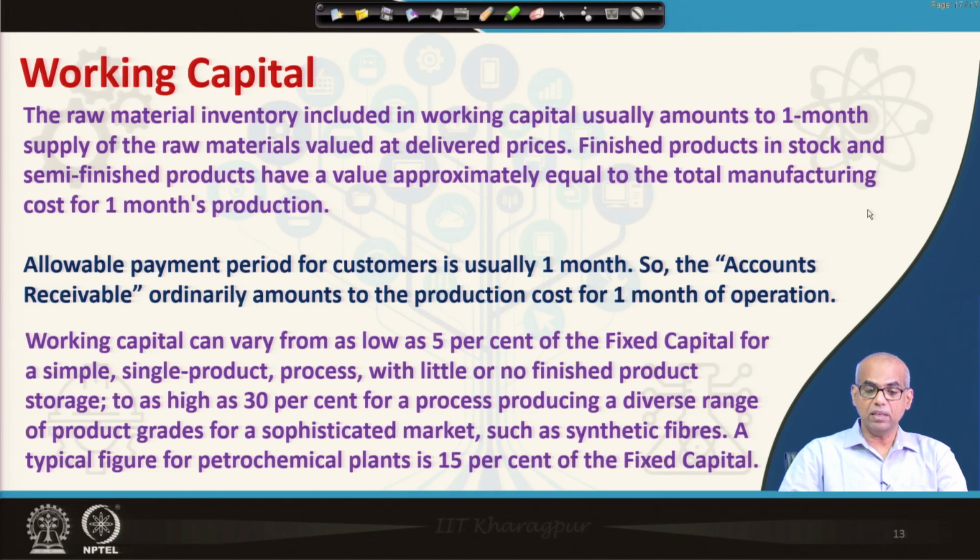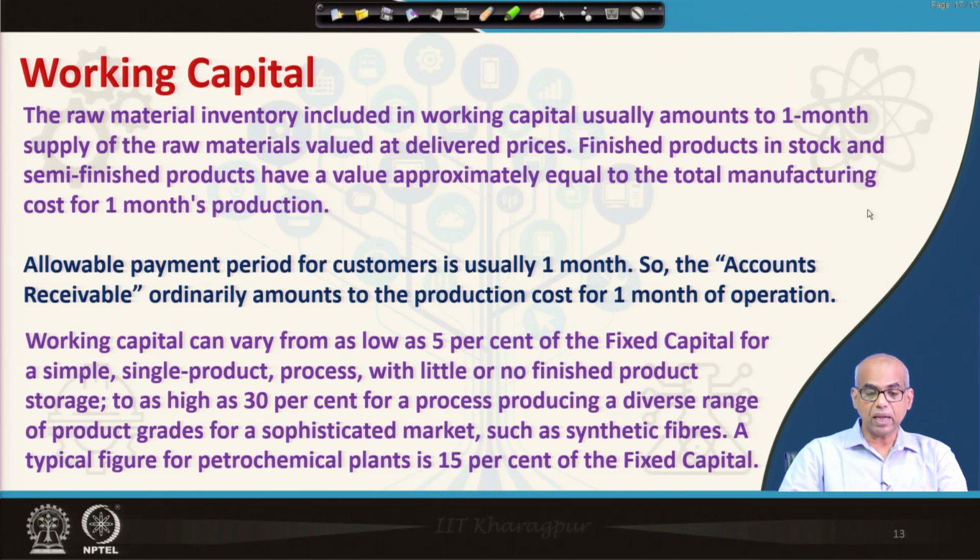Working capital can vary from as low as 5% to as high as 30% of the fixed capital. So, working capital can vary from as low as 5% of the fixed capital for simple single product process with little or no finished product storage.